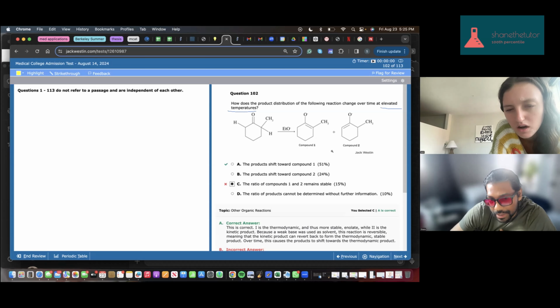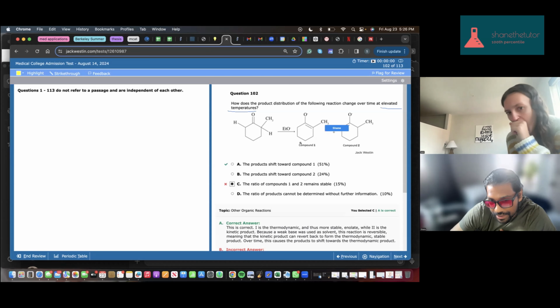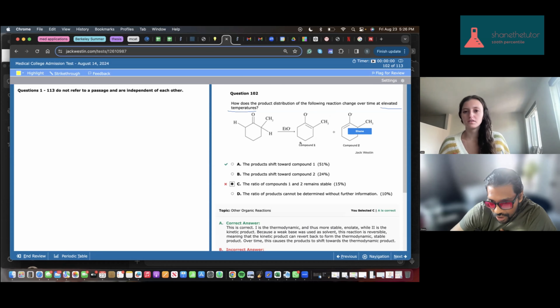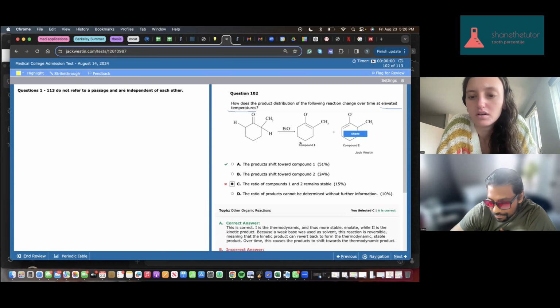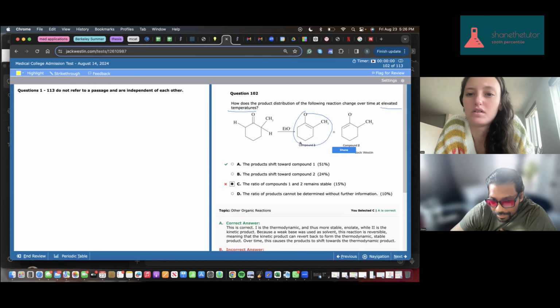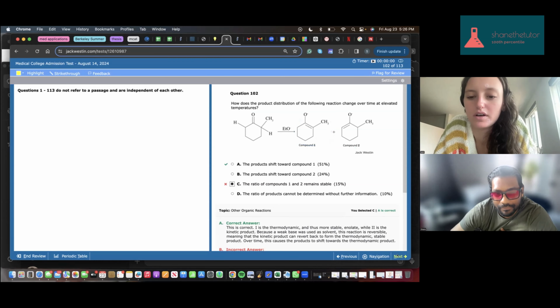If you have your double bond here, it's between these two substituents, compared to here where it's between oxygen and just that carbon there. So this is going to be more stable. Right, that makes sense. Okay, I get it.